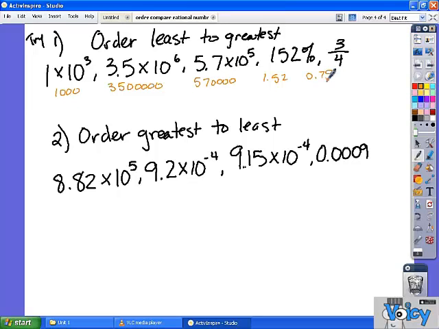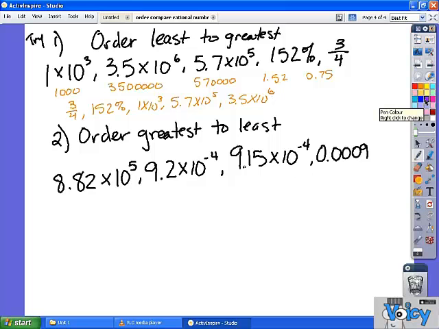And this says least to greatest, so you should have ended up with 3/4, 152%, 1 times 10 to the third, 5.7 times 10 to the fifth, and 3.5 times 10 to the sixth. If you did not get that right, please make sure you are asking for help.